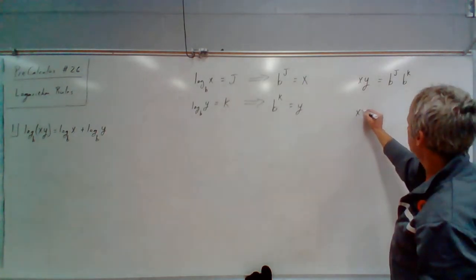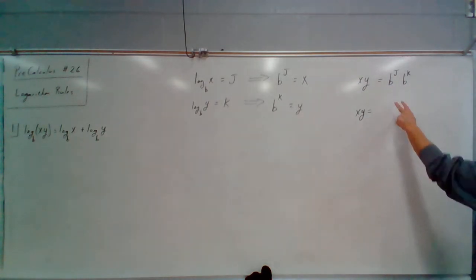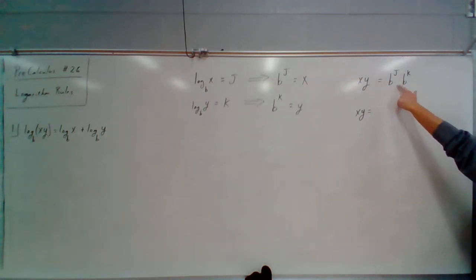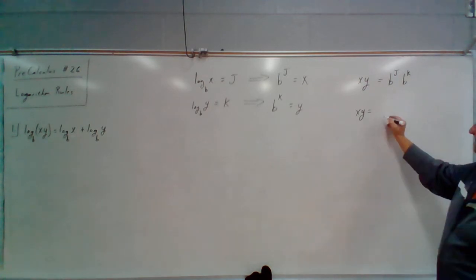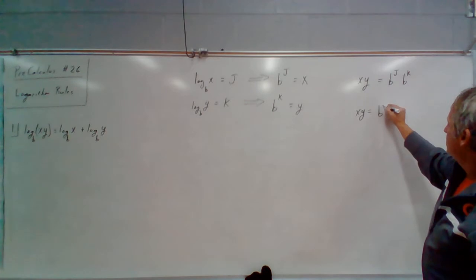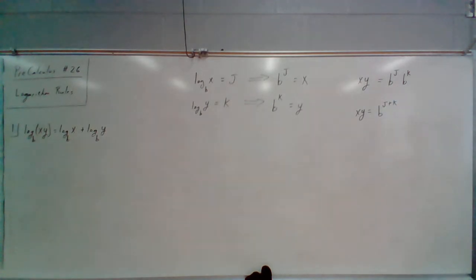I have exponent rules. Same base. I'm multiplying these together, so what do I do to the exponents? Well, I add those exponents. So I have b to the j plus k.